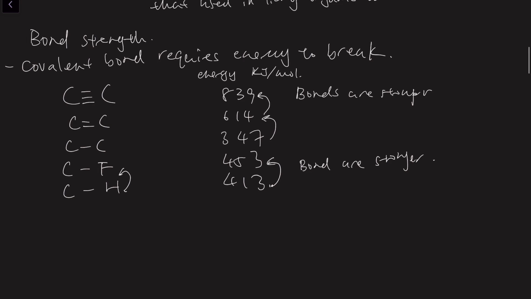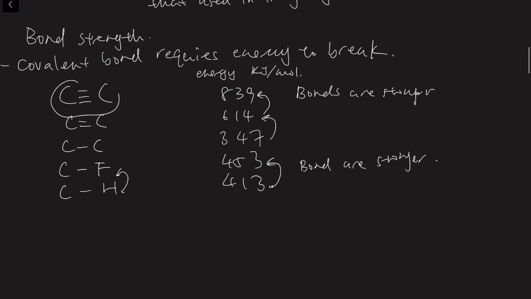In fact, although the carbon to carbon triple bond is much stronger than the carbon to carbon single bond, precisely because the triple bond contains a lot of energy, the carbon to carbon triple bond is more reactive than the carbon to carbon single bond. So this is also an important property for you to remember.